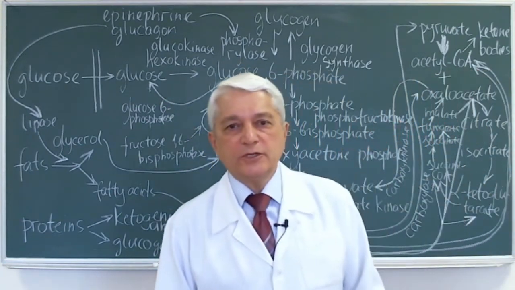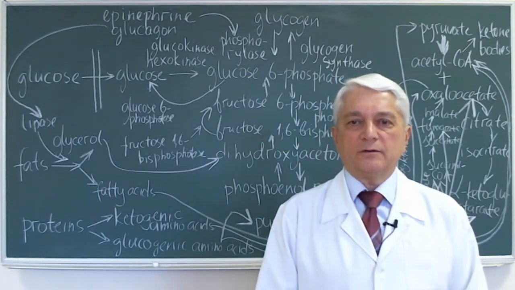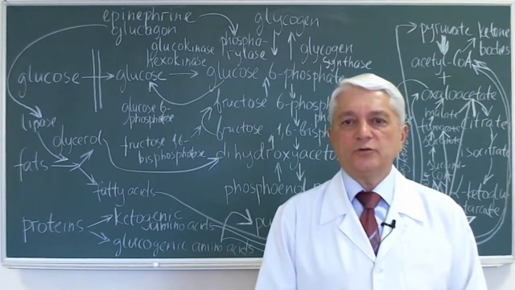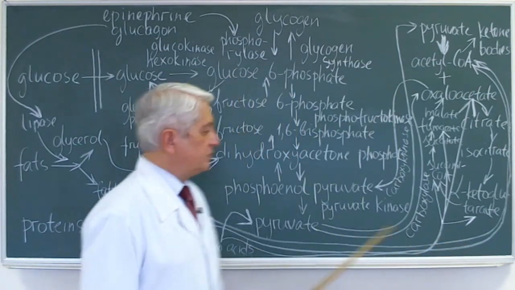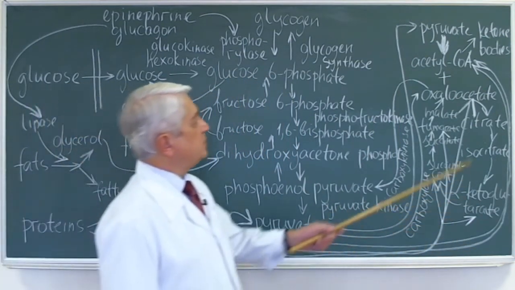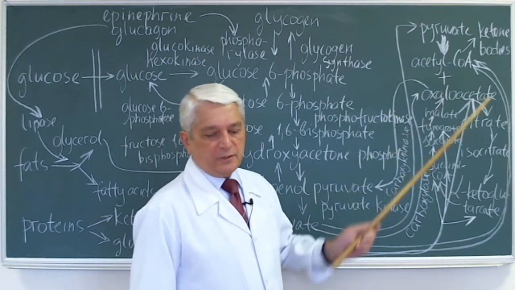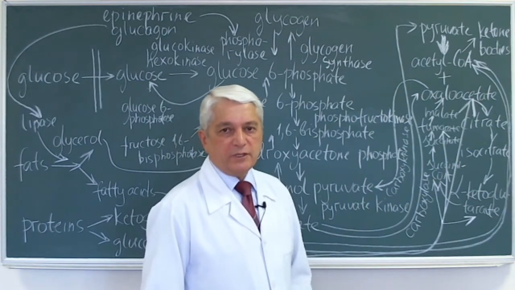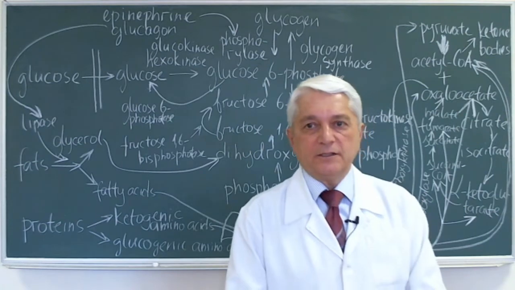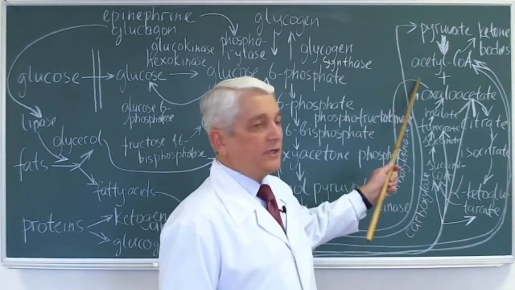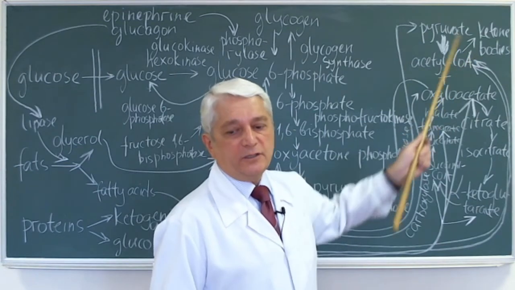So all glucogenic amino acids finally have the way to glucose, so we call them glucogenic. And once more, all ketogenic amino acids are producing acetylcoenzyme A, because they can be transformed to acetate or acetoacetate. And finally, acetylcoenzyme A. And from acetylcoenzyme A, we can obtain ketone bodies.